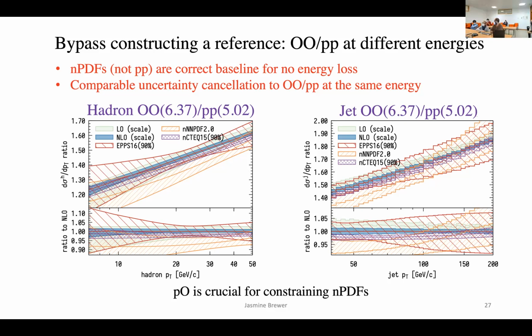Jasmin, the question here is whether you need nuclear PDFs at the 5% level or 10% level or 1% level. Have you quantified the effect of energy loss in oxygen?